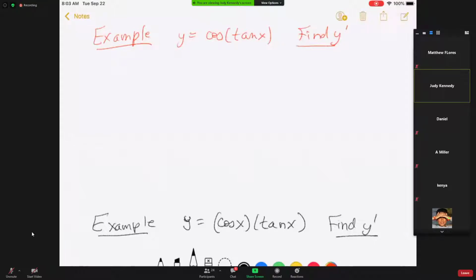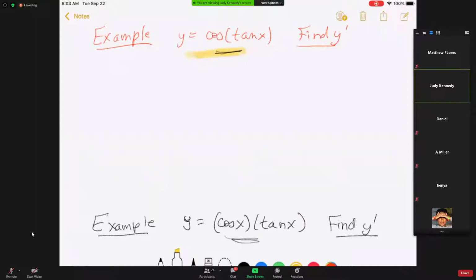Sometimes students ask me, how do you tell the difference? This is a composition of two functions. This is a product of two functions. I can tell that this one is a composition because the tangent is inside the cosine.